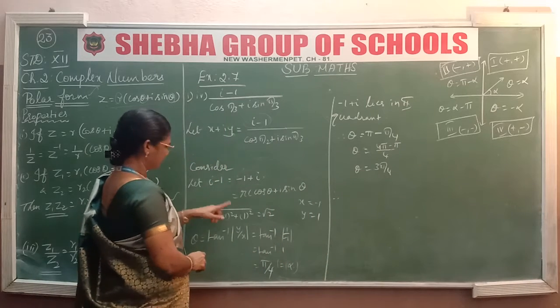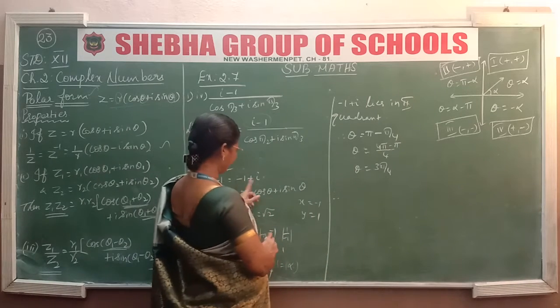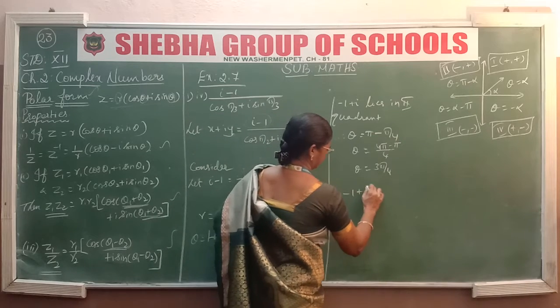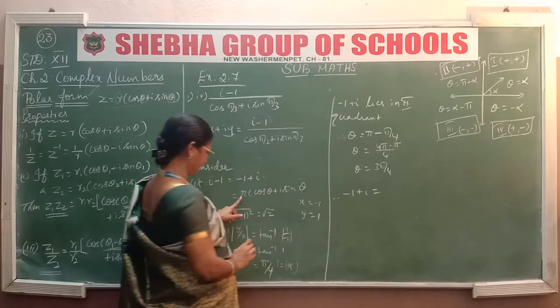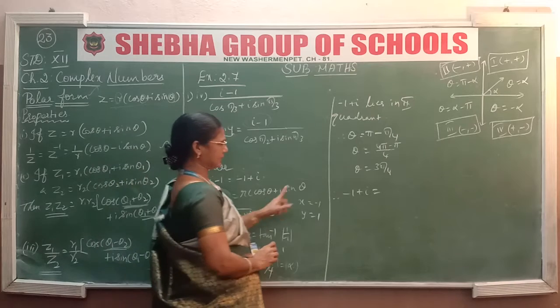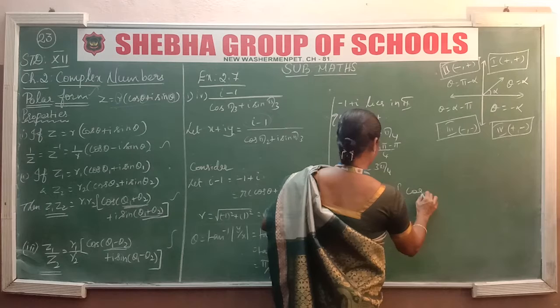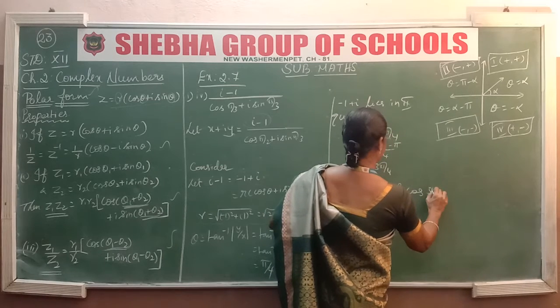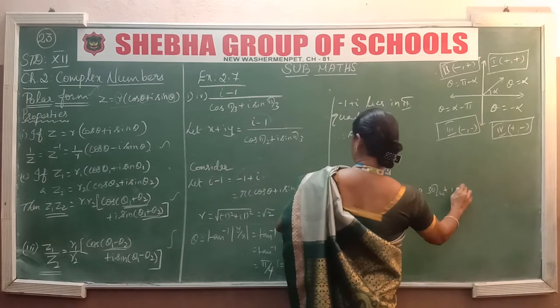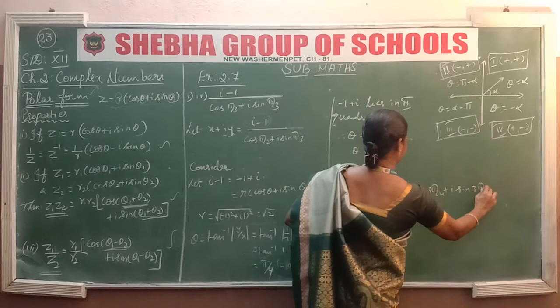Therefore our i minus 1, or minus 1 plus i, becomes, instead of r we use root 2 and instead of theta this: root 2 into cos of 3 pi by 4 plus i sin 3 pi by 4.